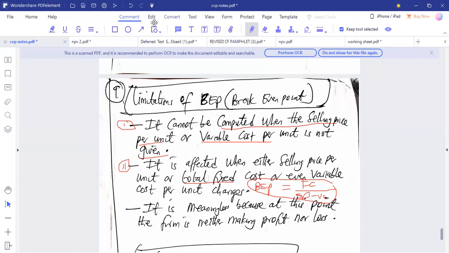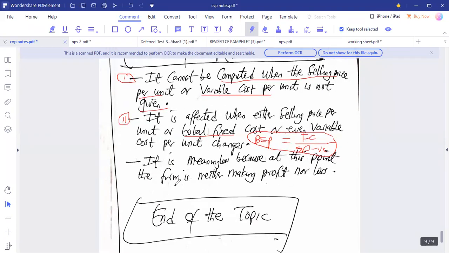So it is affected when one of these change. Maybe the fixed cost changes, or the selling price changes, or the variable cost per unit changes, then it is actually affected. All right, so this is about the other limitations of the BEP. Now we get to the other one.